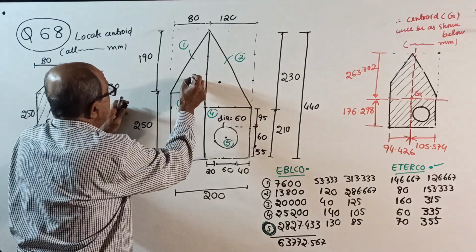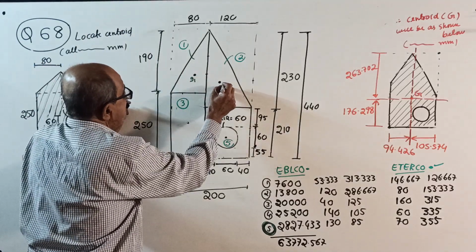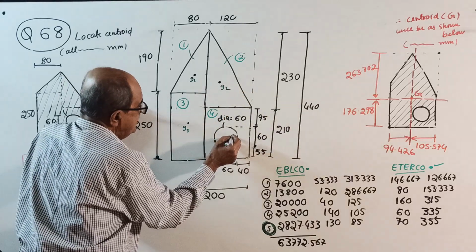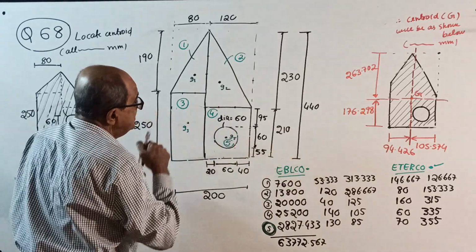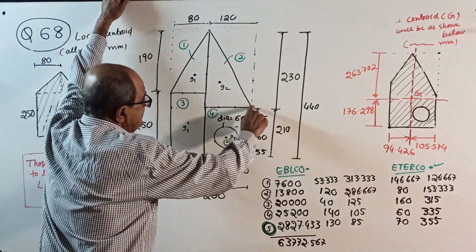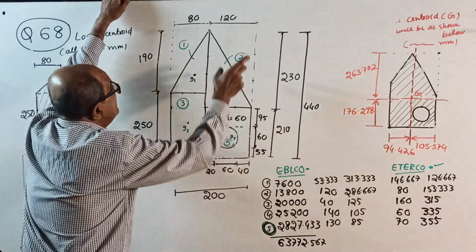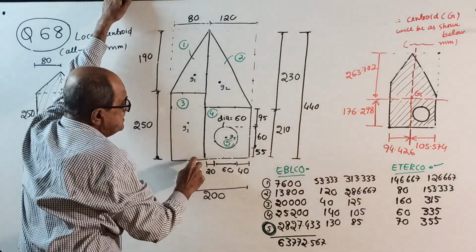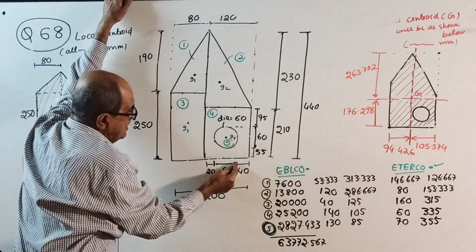G1, G2, G3, this is G5. Where is G4? G4 is the centroid for the rectangle. This is 120, half of 120 is 60. This is 40.